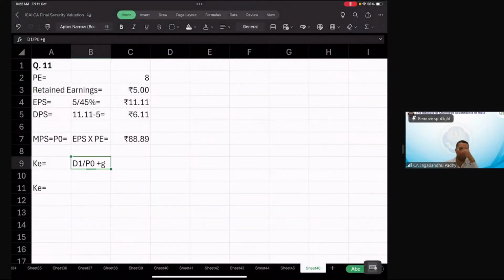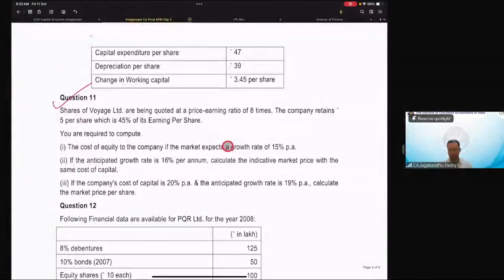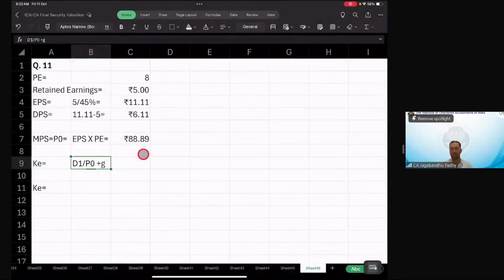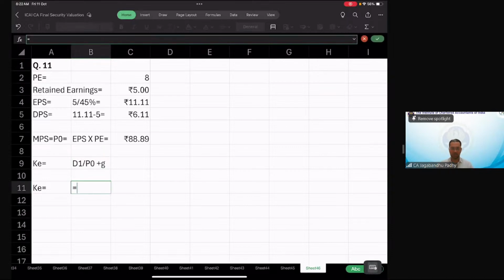Now we generally take D1 over here. The numbers that we have, it retains 45%. So we take into account that this is possibly the next year dividend. We can also alternatively give an assumption that this is what the dividend was in the previous year, and you can add the growth element to that also. I'm just taking this as the next year dividend.